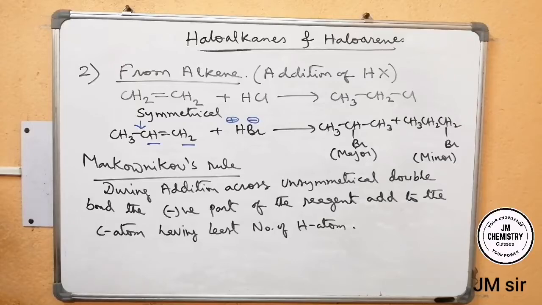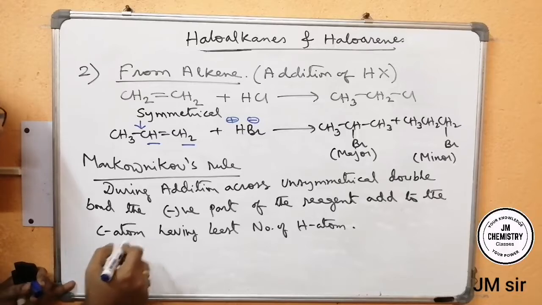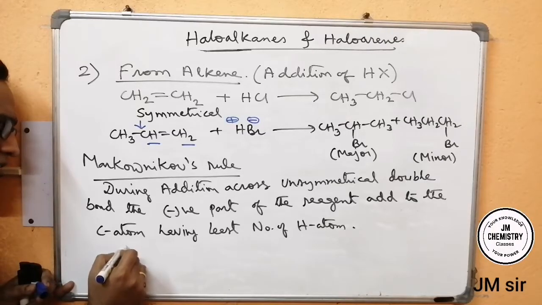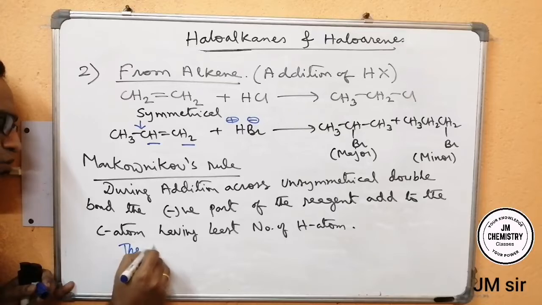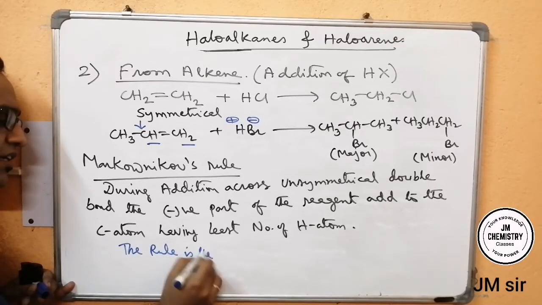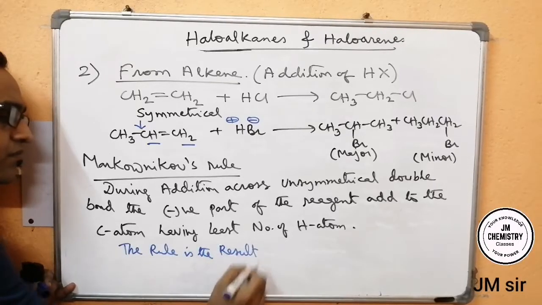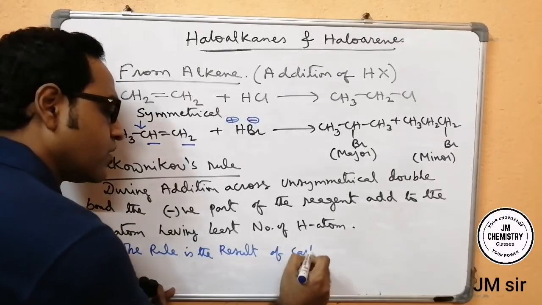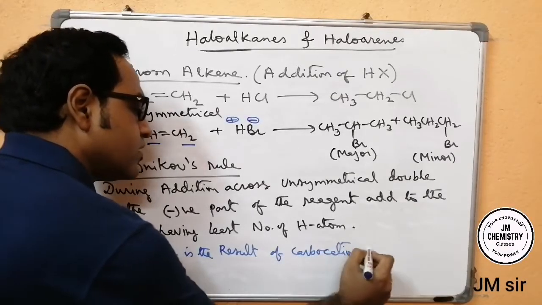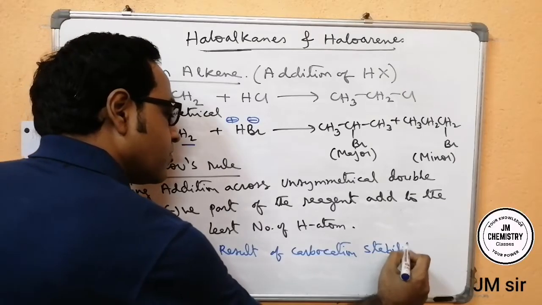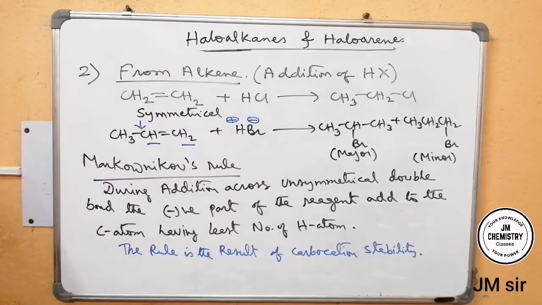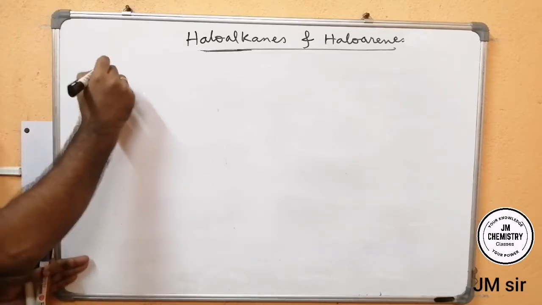Now this Markovnikov rule is basically the result of carbocation stability. Next we will move on to the mechanism of this reaction, and we will see how the carbocation stability determines the major and minor product. Mechanism.